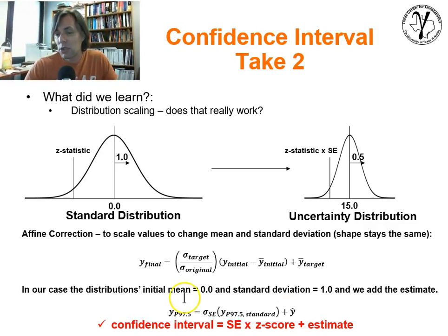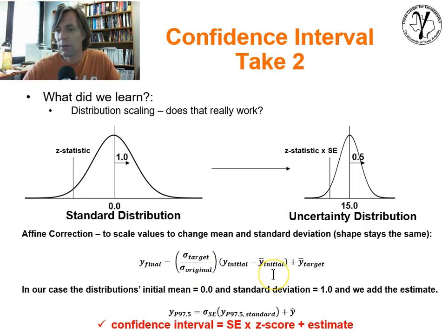In our case, the initial mean is 0 and standard deviation is 1 because we're looking up the z-score and t-score values from a standard normal or standard student t distribution. And so this equation simplifies. The initial mean is going to be 0, standard deviation is 1, and so this is going to become 1, this is going to become 0.